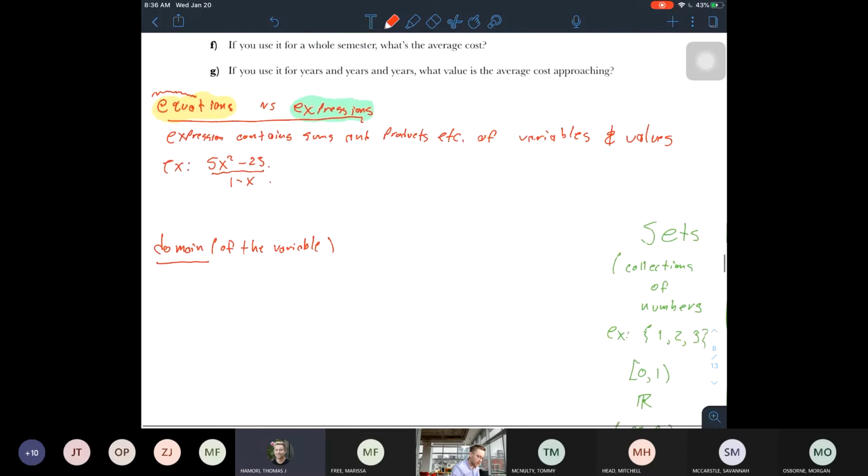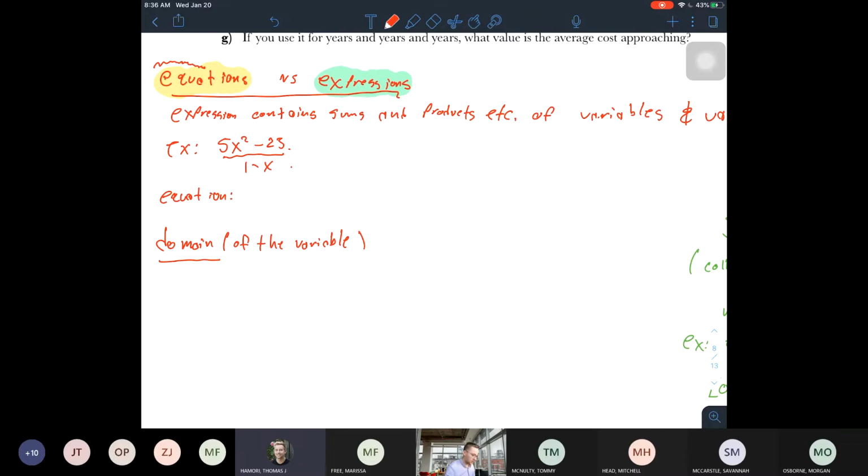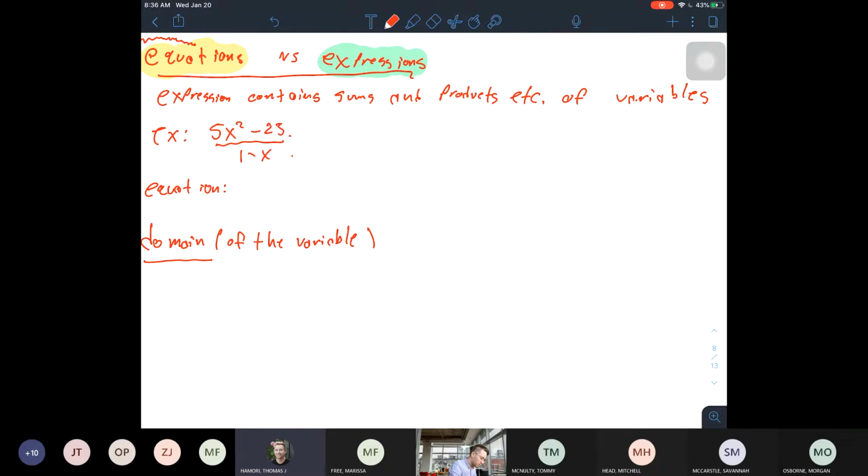And an equation is just going to be two expressions connected by an equal sign. Apologize, my handwriting is really bad. I'm going to try to improve that. An equation is going to be two expressions connected by an equal sign.